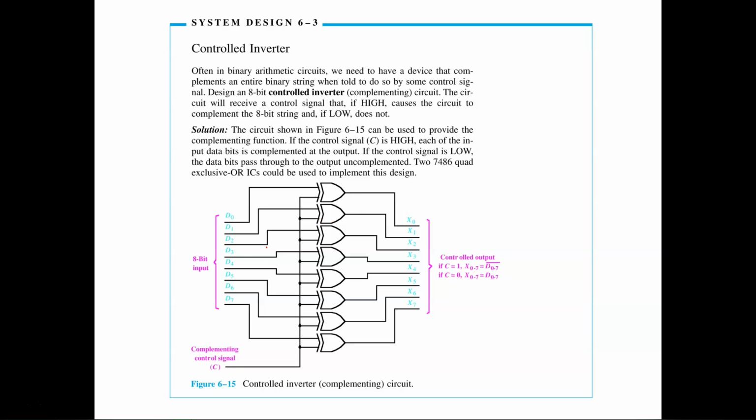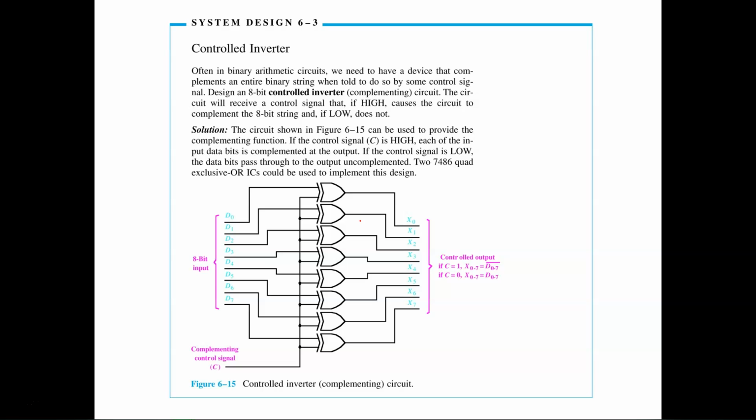So if the control signal C is high, these are what? Are these exclusive OR or exclusive NOR, guys? They're exclusive OR, which means we're looking for what kind of signal?